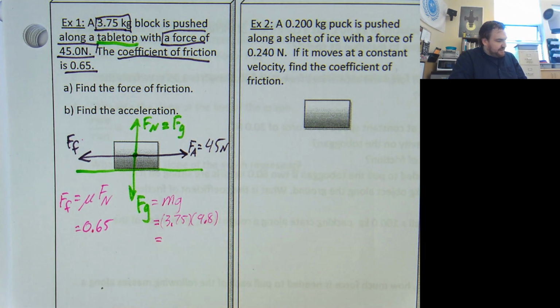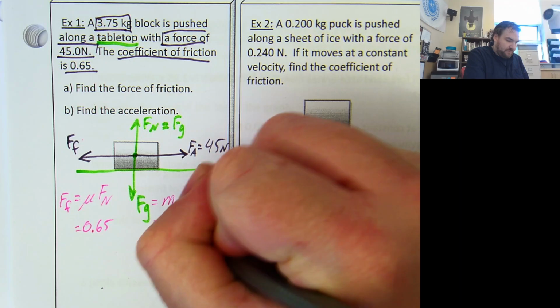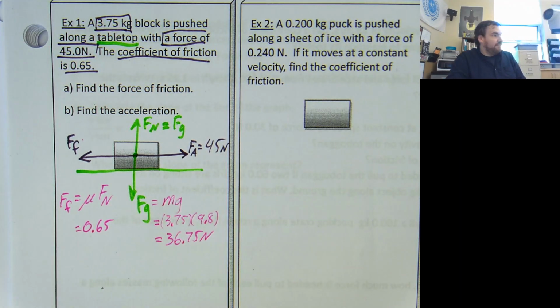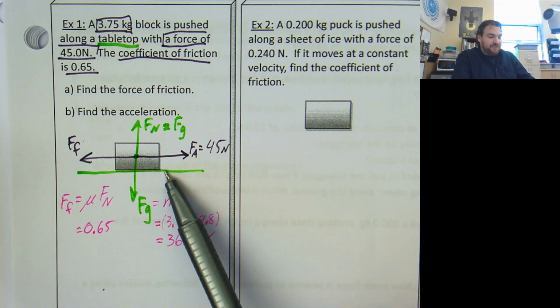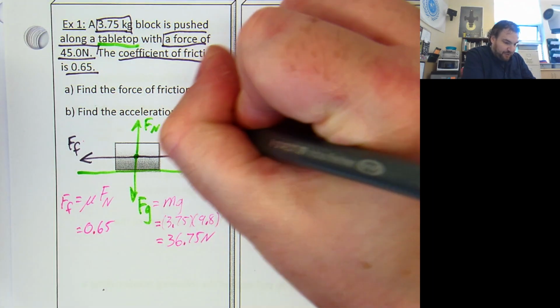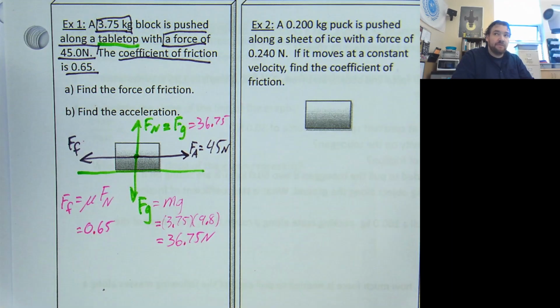So that's going to give us a force of gravity of 36.75. So if Fg is 36.75, that means, because this is a level surface, Fn is equal to 36.75.